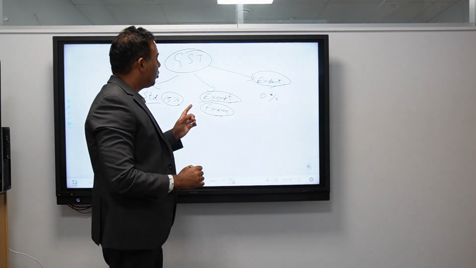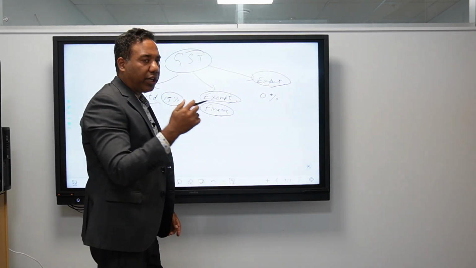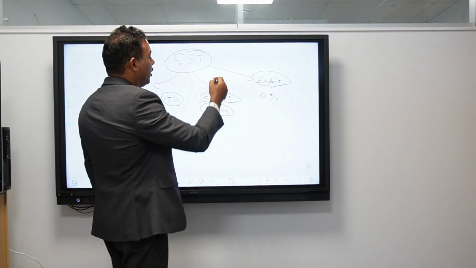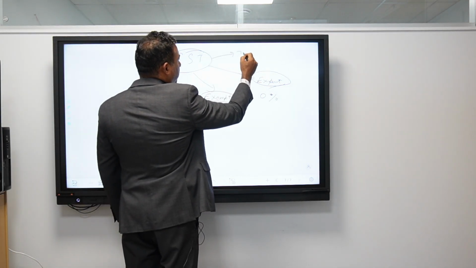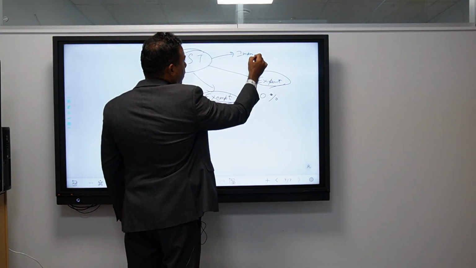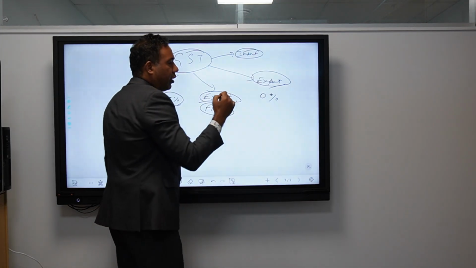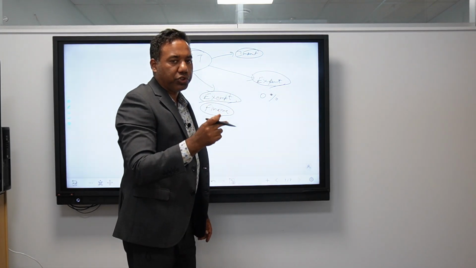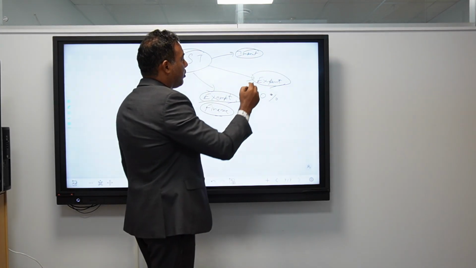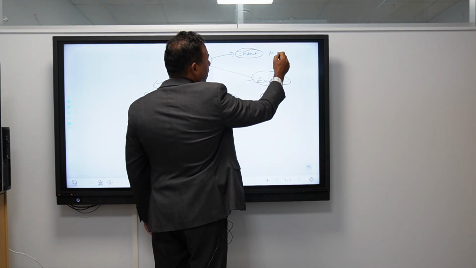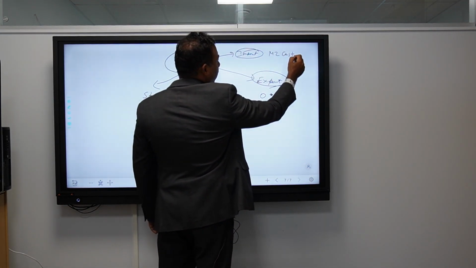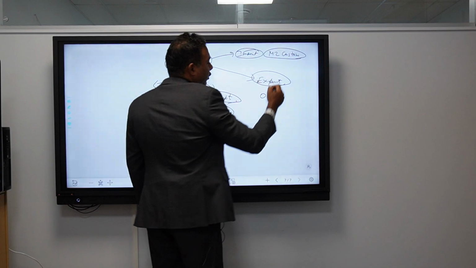There is one more portion to it. Some of you might import stuff from overseas. If you import goods into New Zealand, then there will be an import portion of the GST, which will be paid through New Zealand Customs, and they will charge you on the value of the goods.